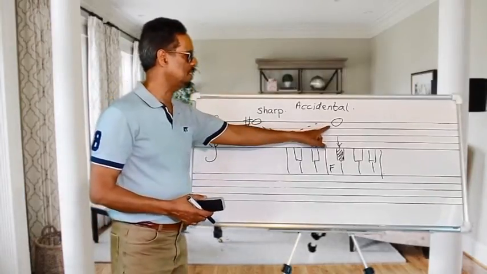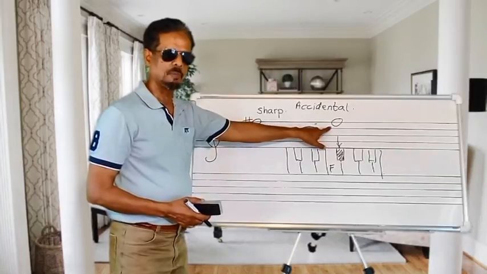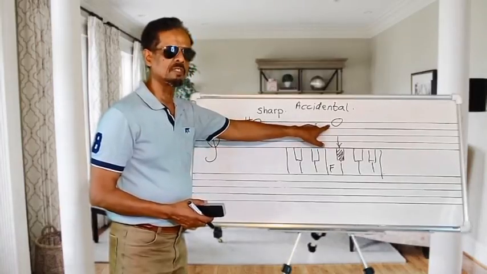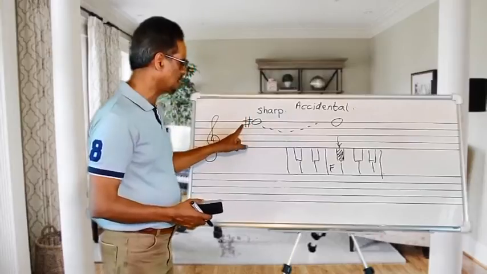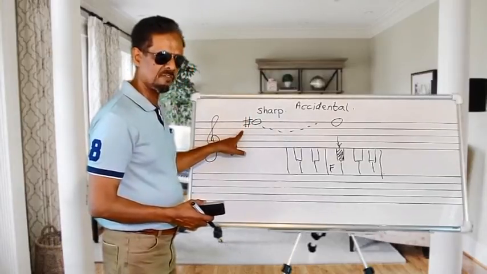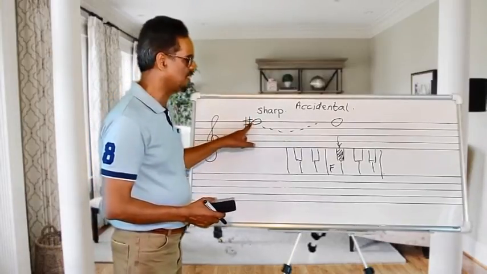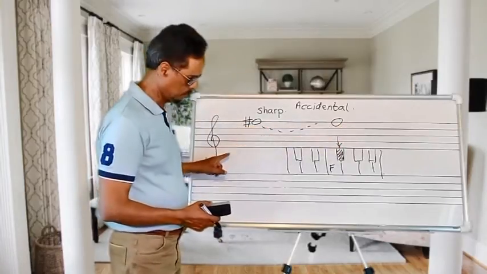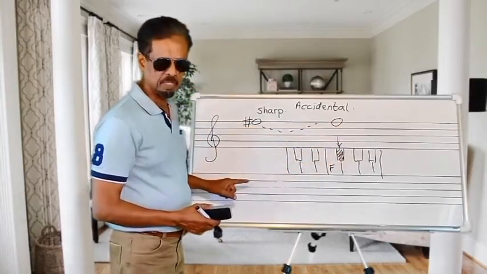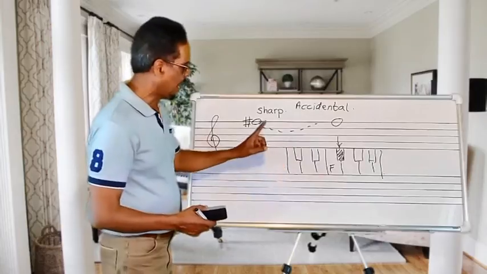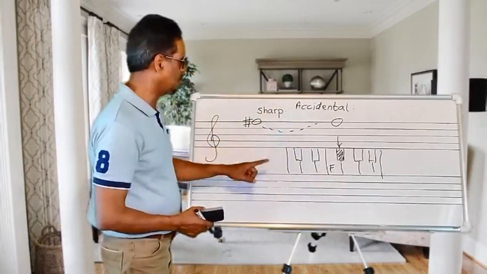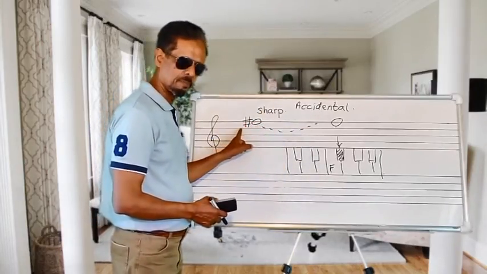He will play this as F sharp, even if you don't put this accidental. Once you put an accidental in front of a note, it affects the same note throughout the music piece. Everywhere the player will play F sharp.